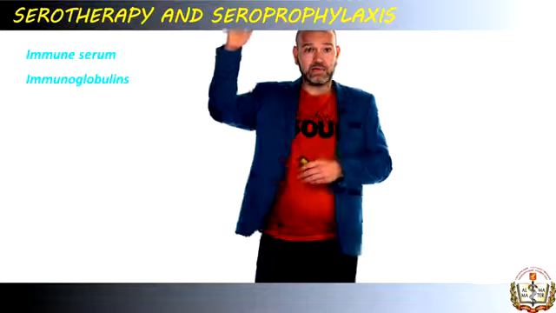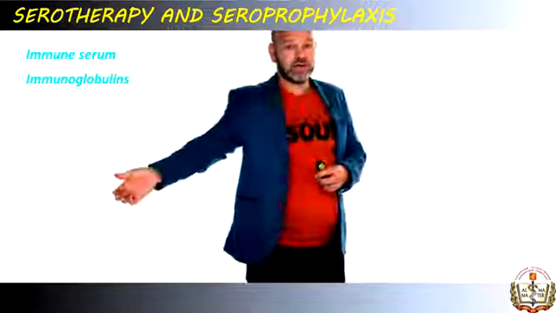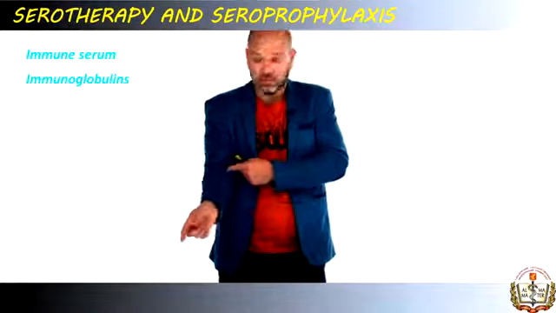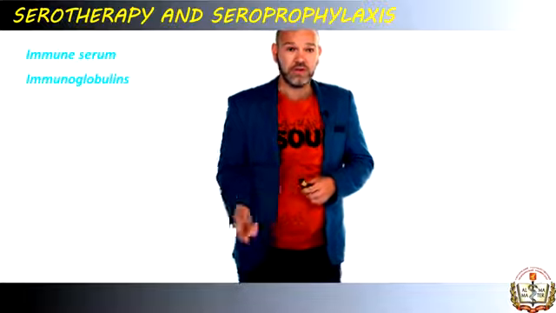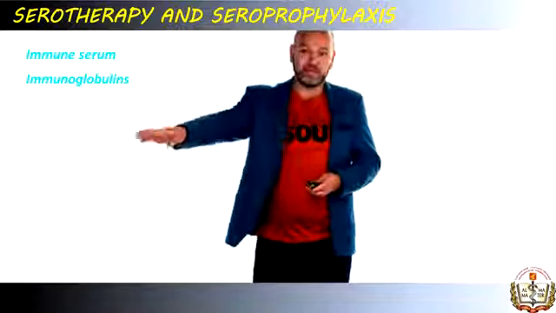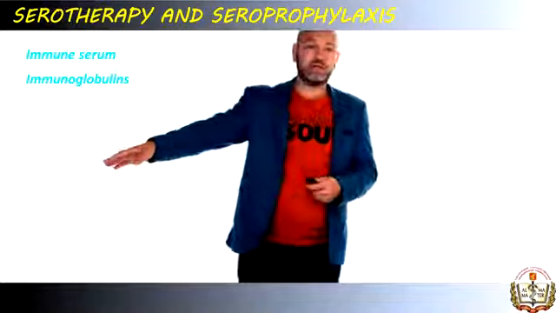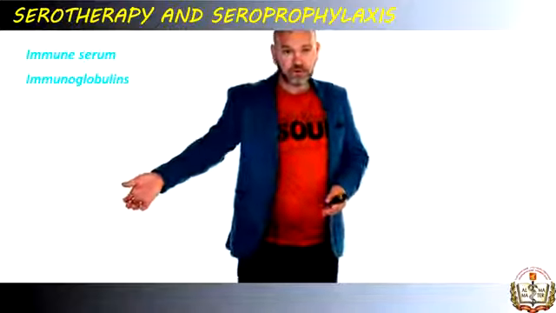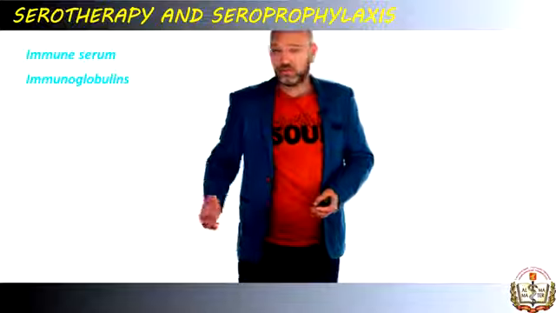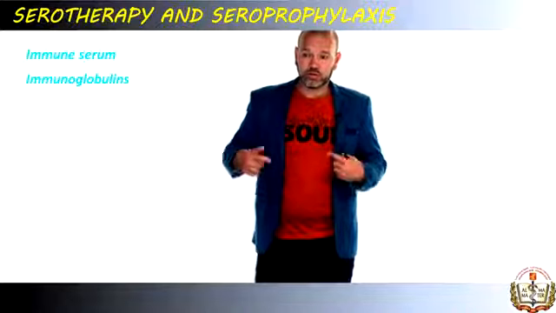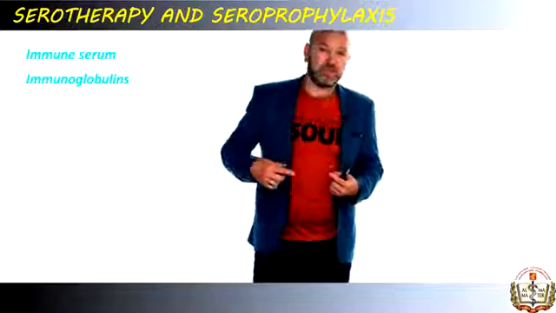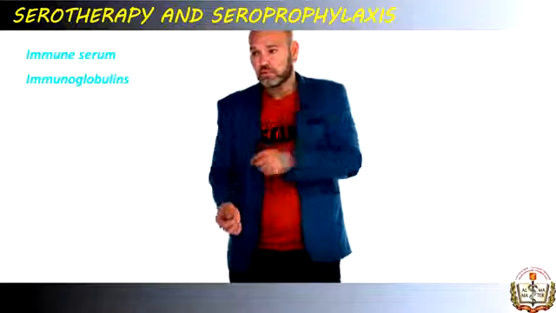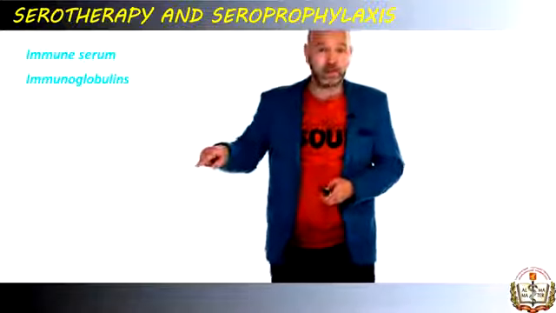So if I'm a volunteer, a donor, and you take my blood, will you find antibodies in my blood against that particular disease you need? For example, some gas gangrene. You have a person with gas gangrene, a highly toxigenic disease, a lot of toxins. If you take my blood, will you find antibodies here? Of course not, because a subject should have had a previous response, previous contact with that particular antigen.